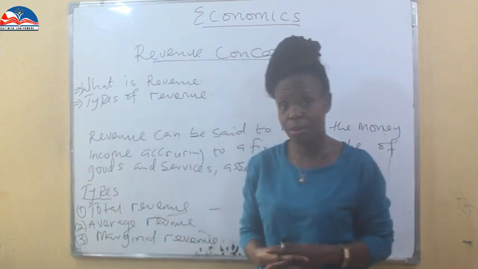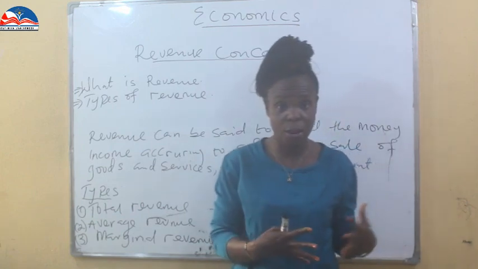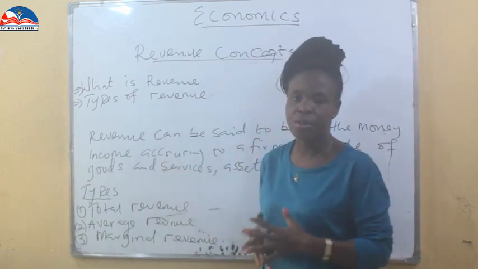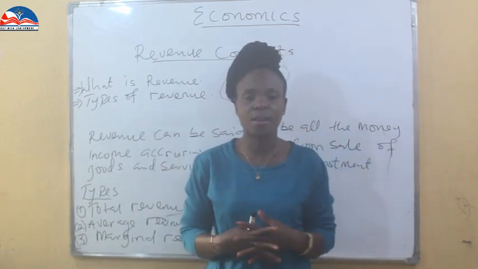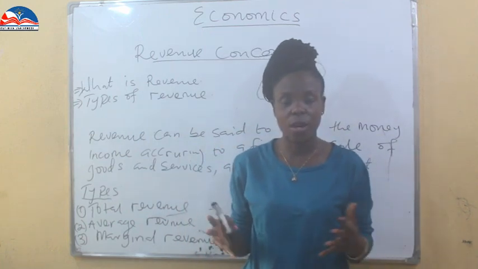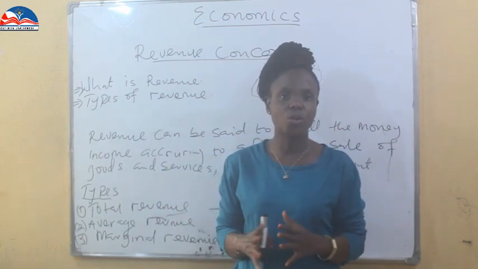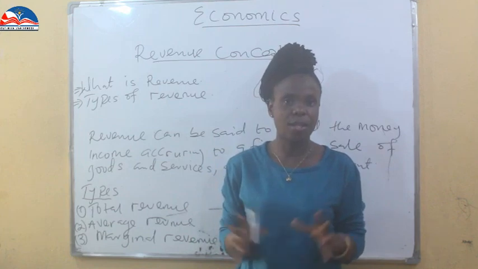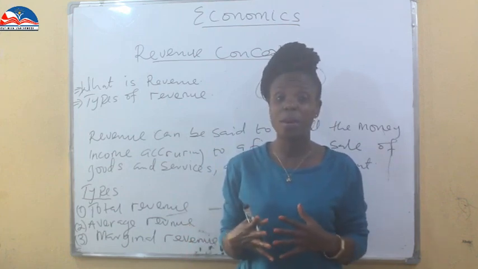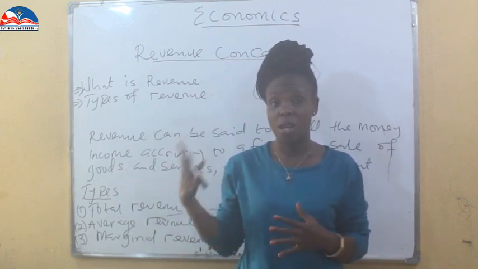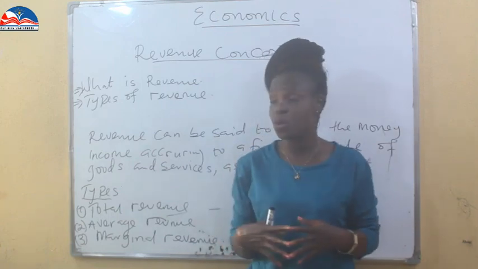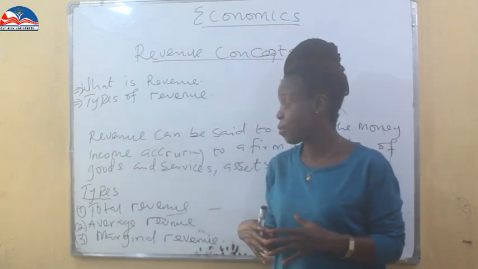We have seen what revenue is and different ways people look at revenue, and what revenue means in this class. But what are the types of revenue that we have? I'm going to list a few, and we're going to discuss each of them, representing them mathematically, the way we are going to apply them in formulas we will use in the future. Number one is total revenue. The second is average revenue.